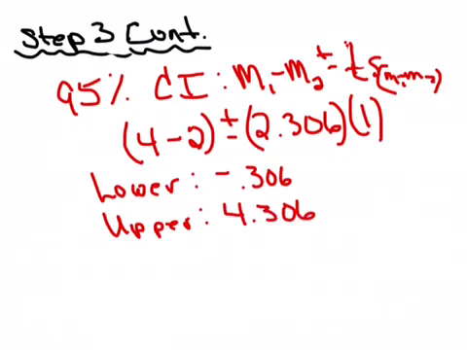So lower and upper boundary can both be rounded to 2 decimals. So we're going to have negative 0.31 and positive 4.31.